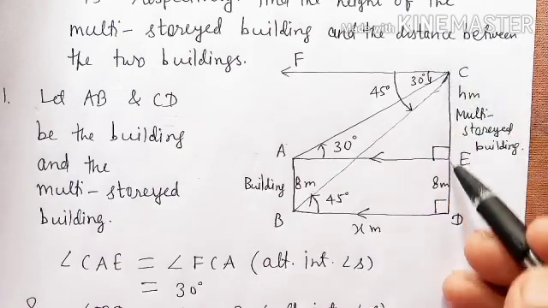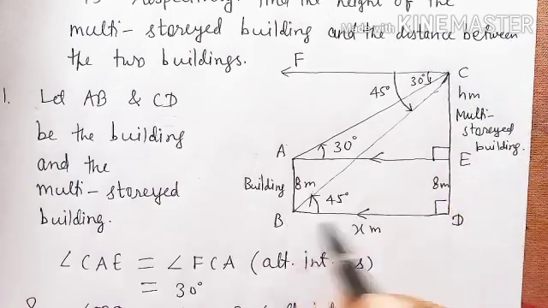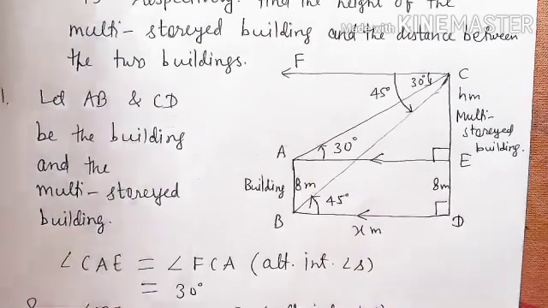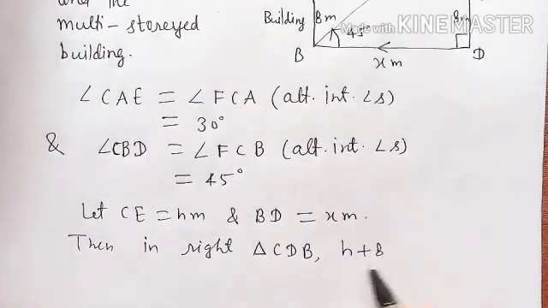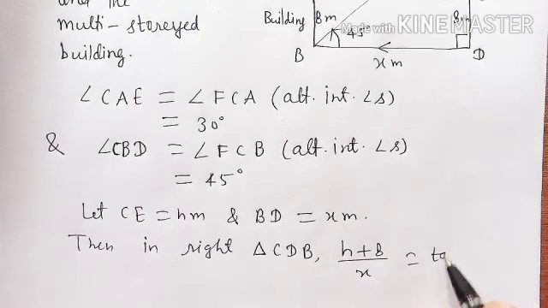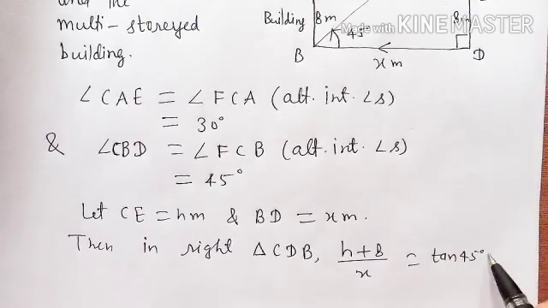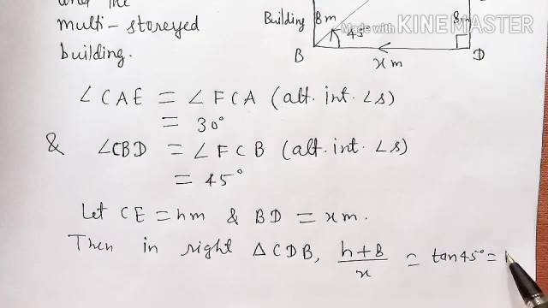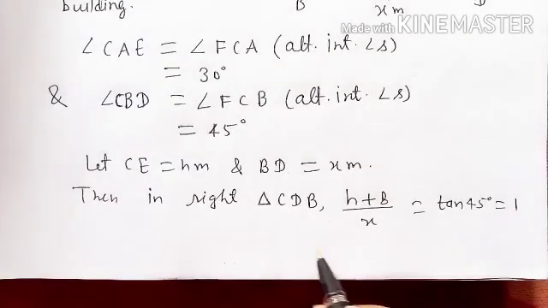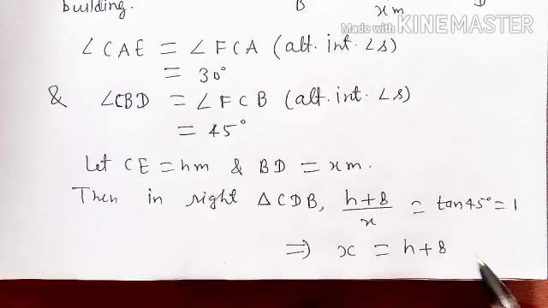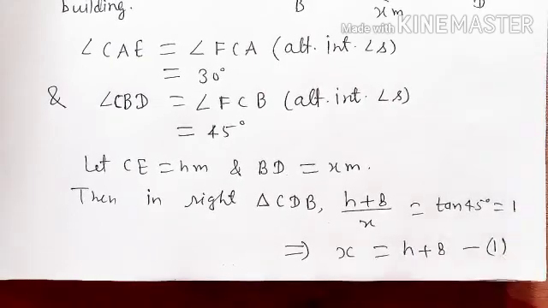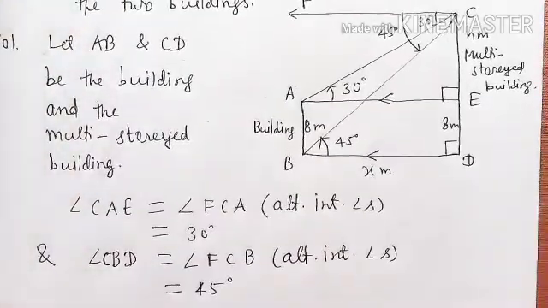That is h plus 8 by x is equal to tan 45 degree. We know that this is equal to 1. So we have an equation here. The value of x is h plus 8. This is equation 1.